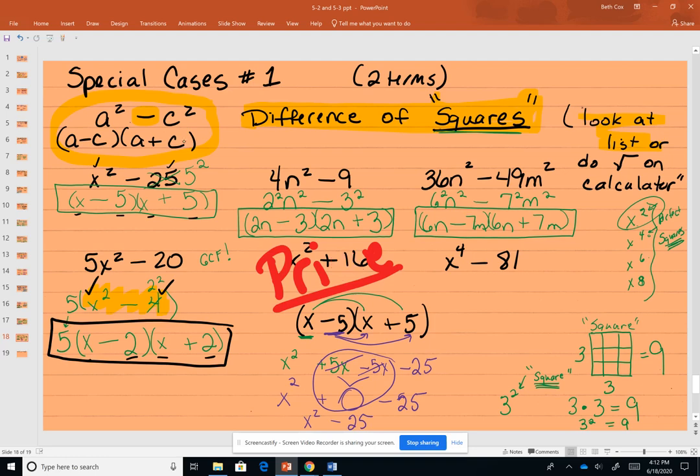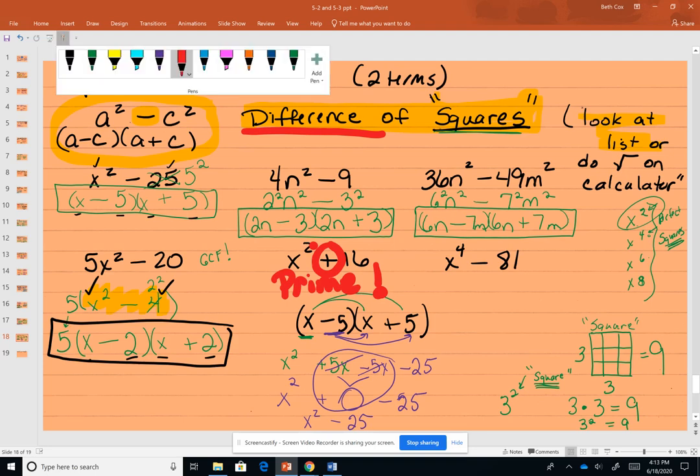Let me erase that because you can't see it. It was a plus. This says difference. This does not fit the pattern. You can't do this one. Can't do it. Why not? It doesn't fit the pattern. If it doesn't fit, it doesn't do it. Does not fit the rule.